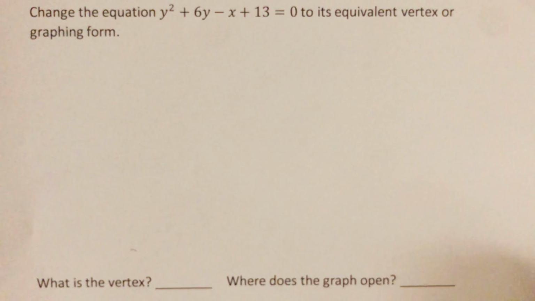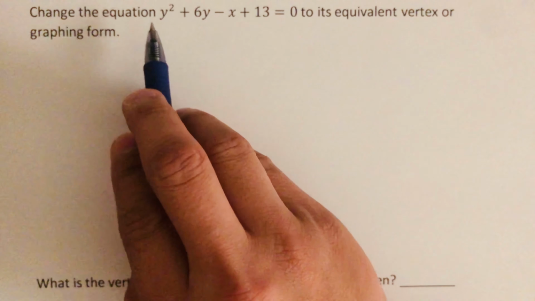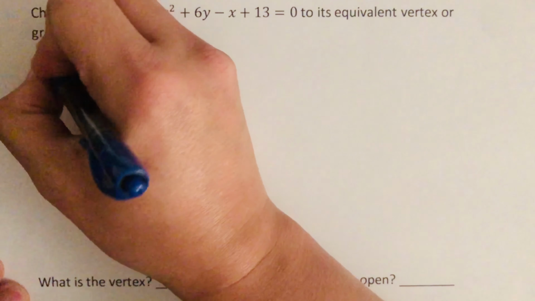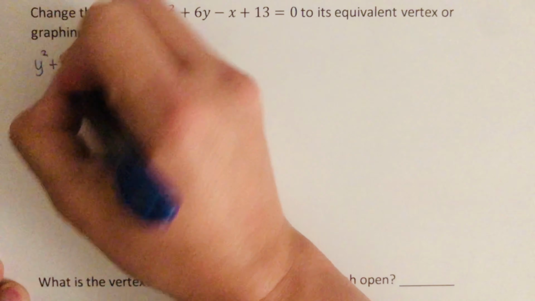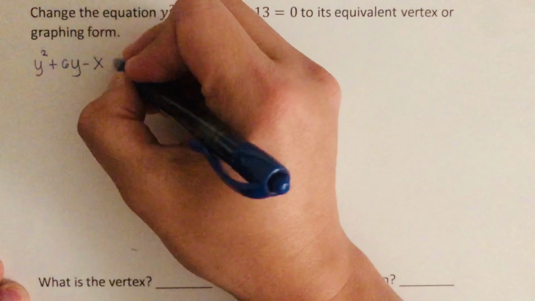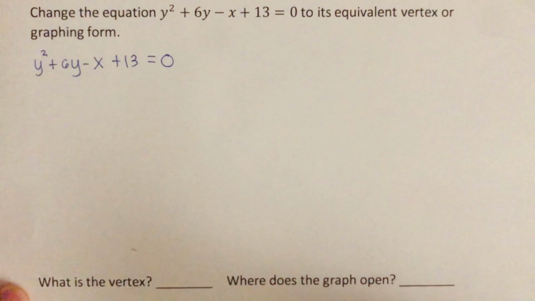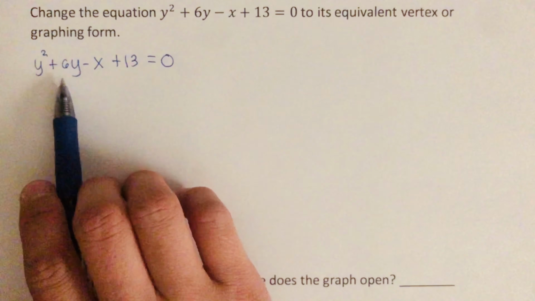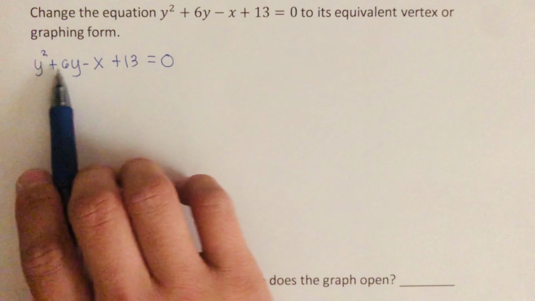So these are the steps that we need to do. First, I'm going to just rewrite this. So that would be y squared plus 6y minus x plus 13 equals 0. Now, we are going to group together all the y's. So those variables with y's on them, we group on one side.